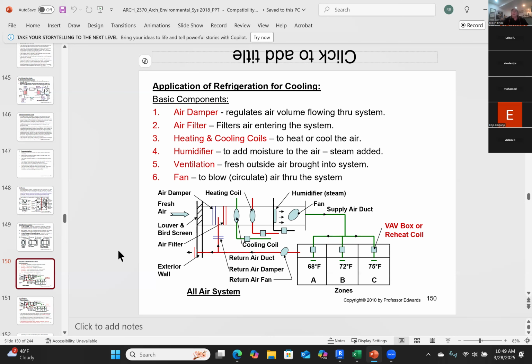But again, generally the fresh air that's coming in is not the right temperature or the right humidity for our level of comfort, which means that we have to cool it, heat it, maybe humidify it, maybe dehumidify it, and each one of those processes requires energy.